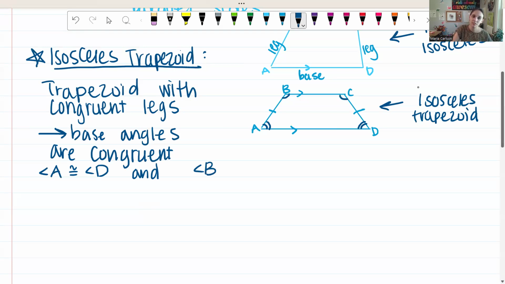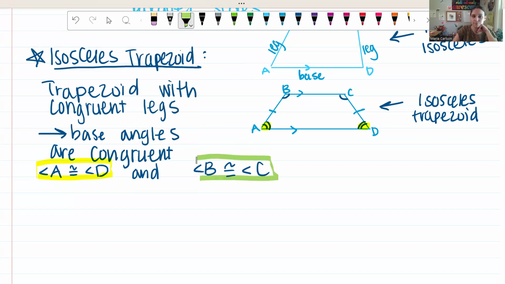So angle B is congruent to angle C. So notice that A and D are the two angles along the bottom base of the trapezoid, and then B and C are the two angles on the top base of this trapezoid.